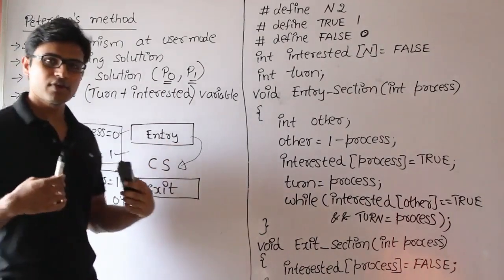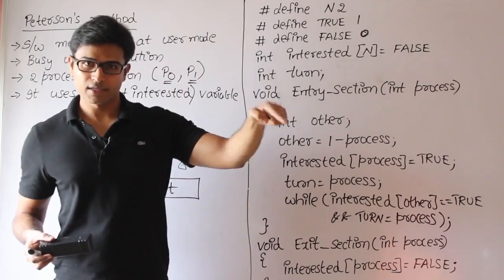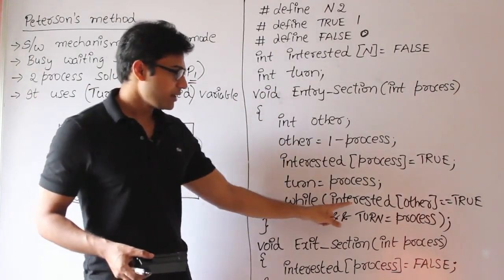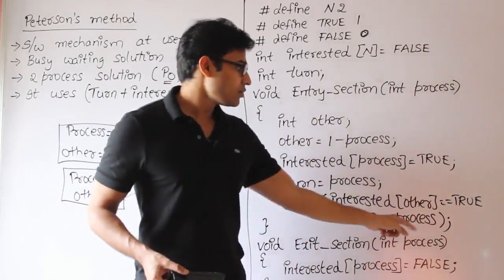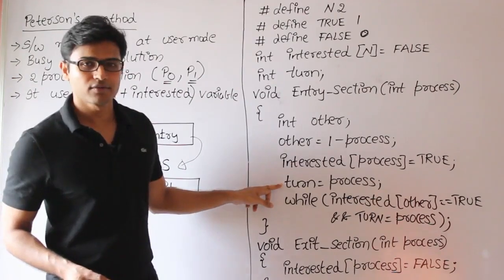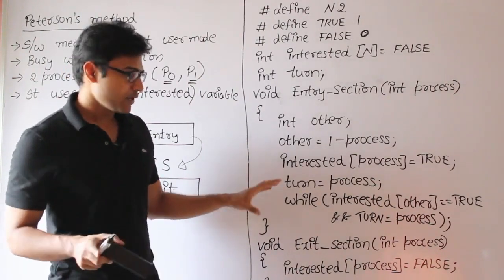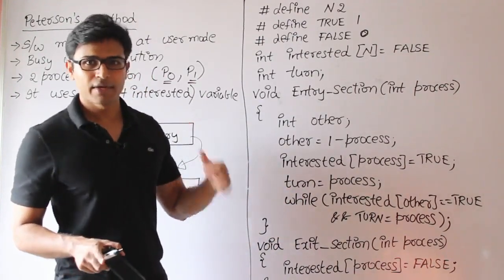Then what I do is, safely I assume that the other process might already be in the critical section, therefore I will wait. So see this, while interested of other equal to true, which means the other one is interested, and turn equal to process. Turn equal to process means I am the last one to set the turn value. I'll again explain with an example, right? So don't worry, I'm just trying to explain this algorithm. Even if you don't understand it, I'll take examples and I'll make it very clear.